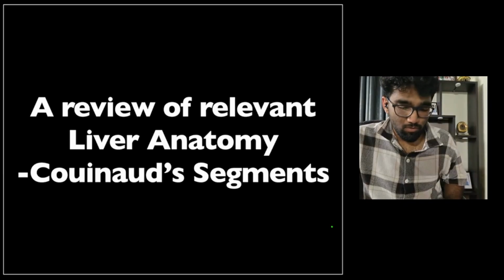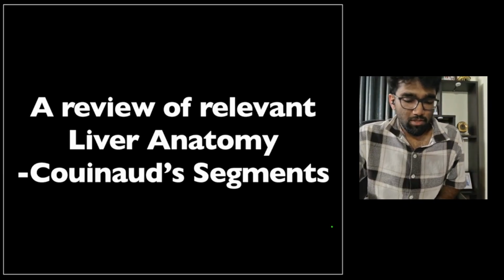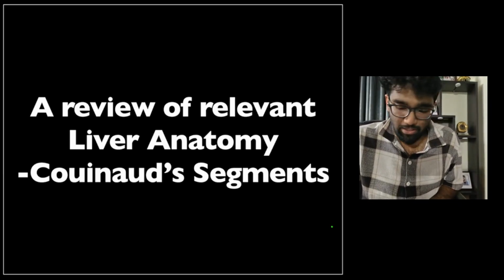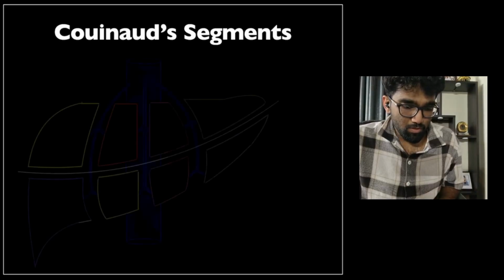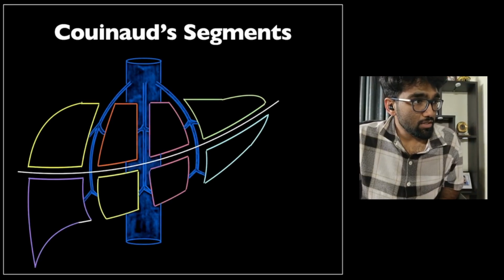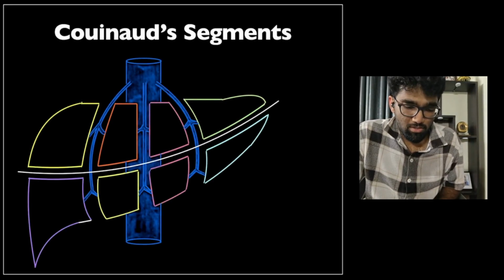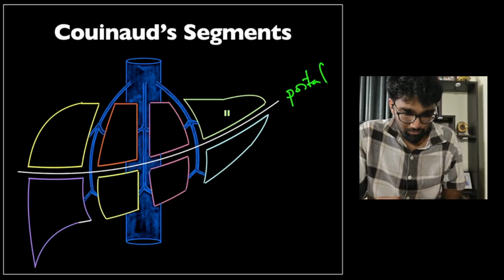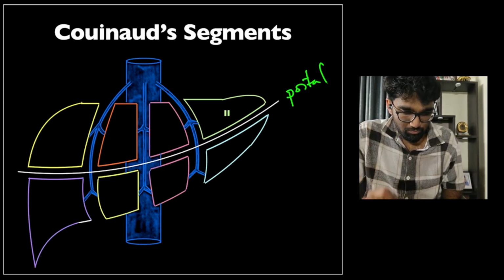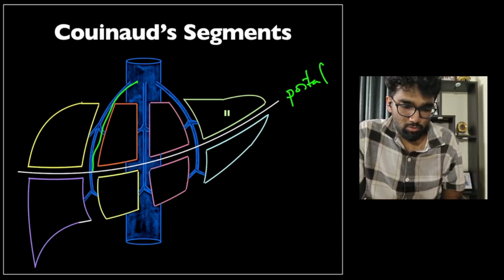Okay, so now let's review the relevant clinical anatomy of the liver. So this is the schematic of the liver showing the Couinaud's segments. So these are essentially divided based on an axial plane, that is the plane of the portal vein bifurcation, and then the three major hepatic veins that divide the liver through these three planes.